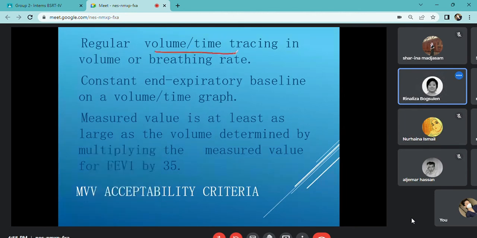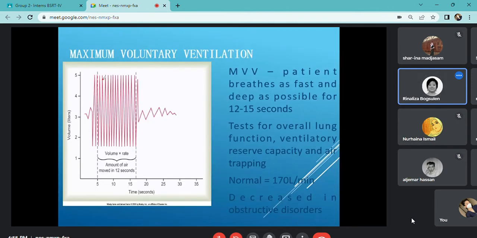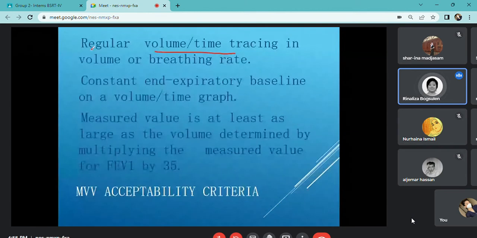Look at this: at the start, the patient has not yet gotten it. And then you have the regularity already. The inhalation, exhalation, and the pacing of your patient are almost the same. That is what we call a regular volume time tracing in the volume and the breathing rate.